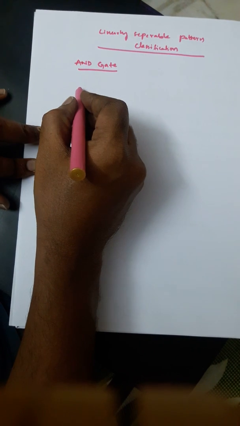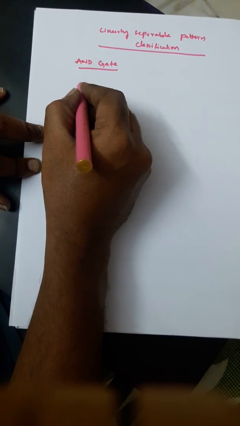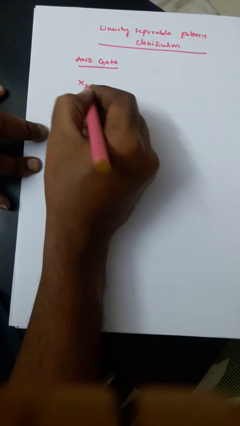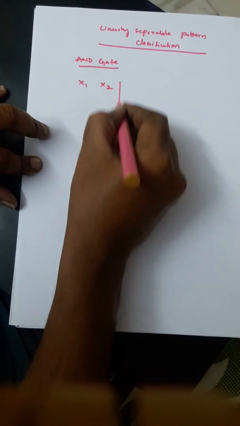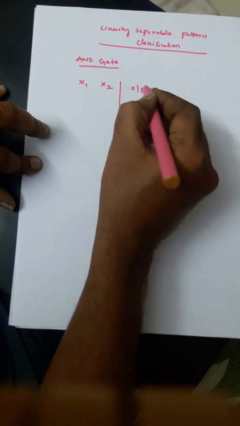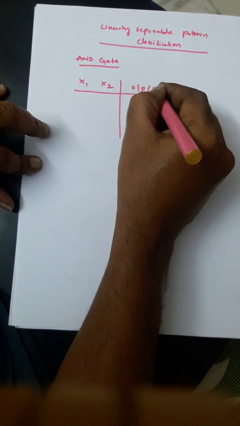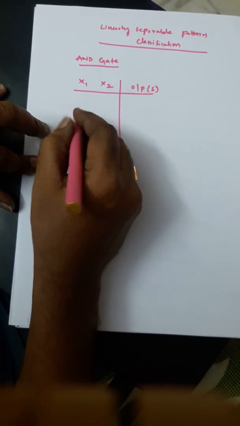You know the truth table for an AND gate. Let us consider a two input AND gate with x1 and x2 as inputs and the output indicated as S.